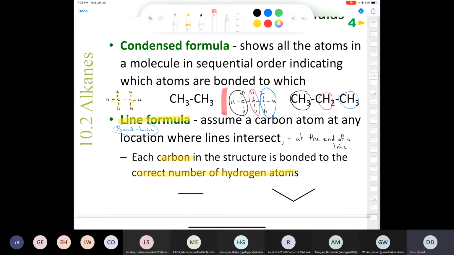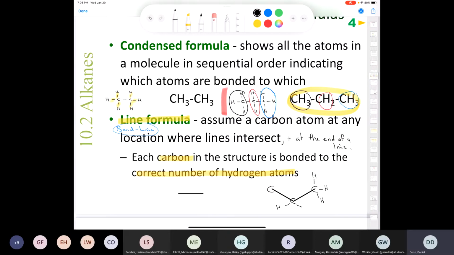Well, if you look at propane, it's CH3, CH2, CH3. Remember, the end of every line represents a carbon. So this is a carbon, this is a carbon. And whenever they intersect, that represents a carbon. Now, every carbon has to have 4 bonds. So let's fill it up. This carbon has to have 1, 2, 3 bonds to hydrogen.